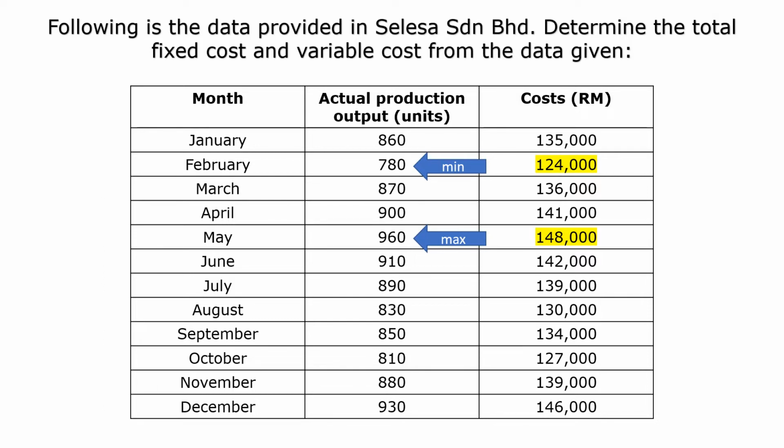Here I have already identified the highest activity level, the maximum, which is 960 units, and the lowest output produced during the year, which is 780 units. And after that, I have highlighted the costs incurred for the maximum activity level as well as the minimum activity level. So what's next?